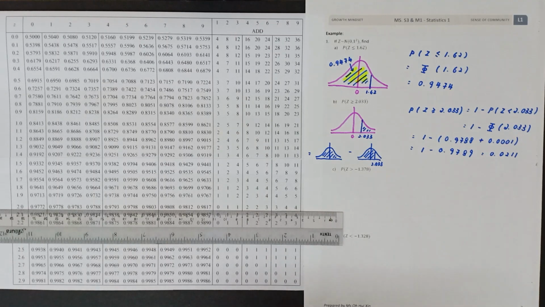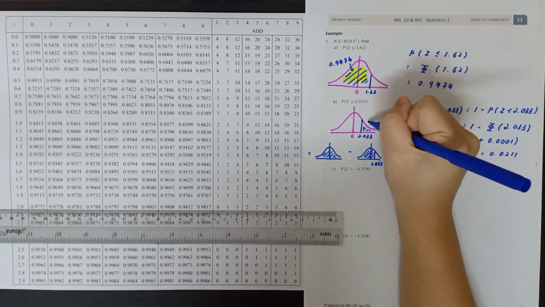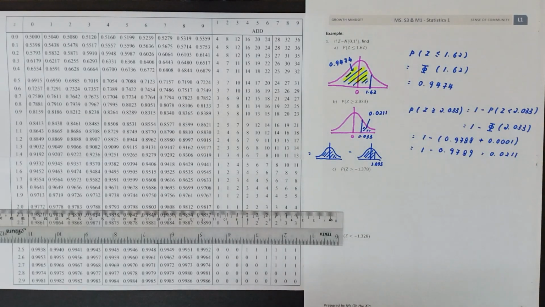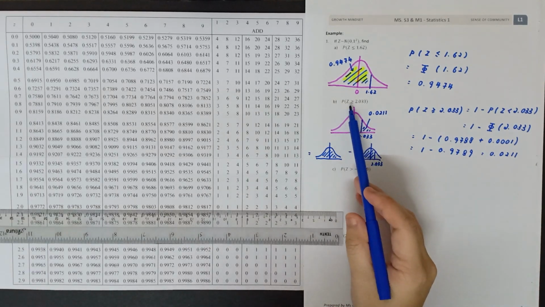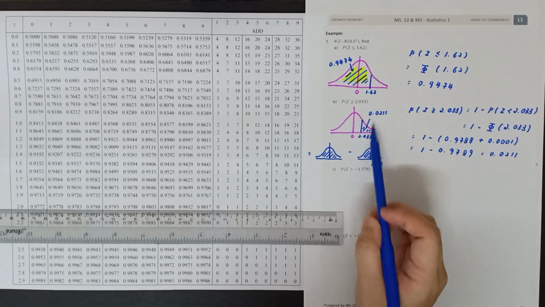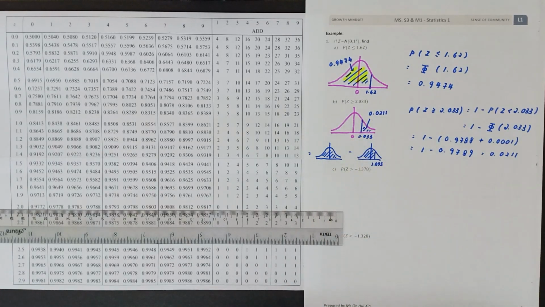So what does 0.0211 mean? It means for a normal distribution with a mean of 0 and a variance of 1, the probability for me to get a random variable that is greater than or equal to 2.033 is 0.0211.